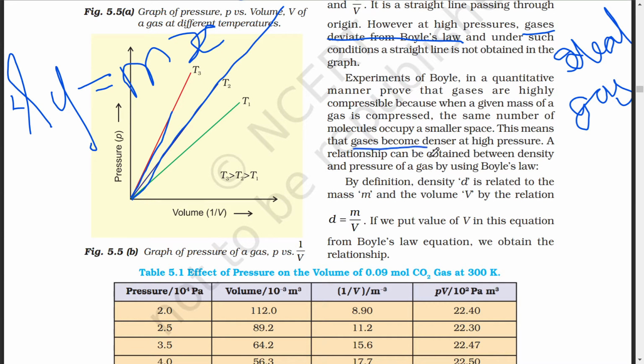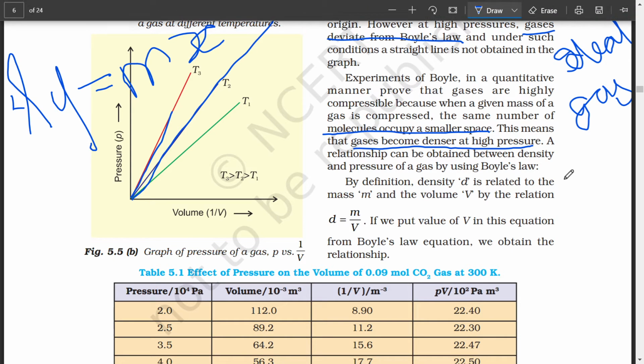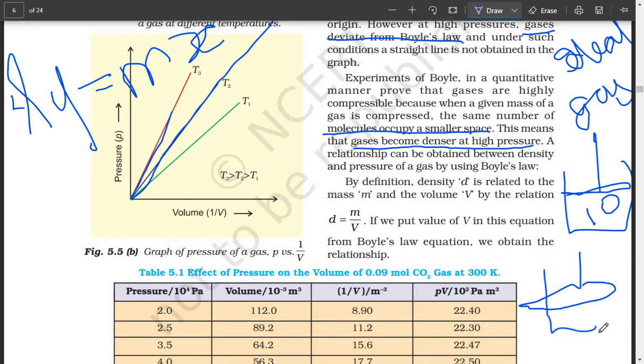Gases become denser at higher pressure and molecules occupy a smaller space. If you give them this much area, 10 molecules. So now when you compress it in a smaller area, see here it is big, here it is small.